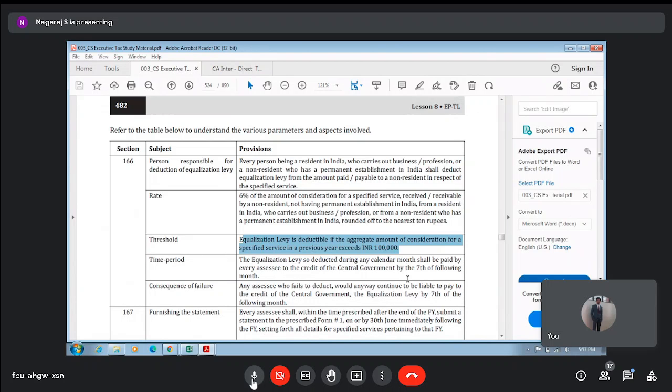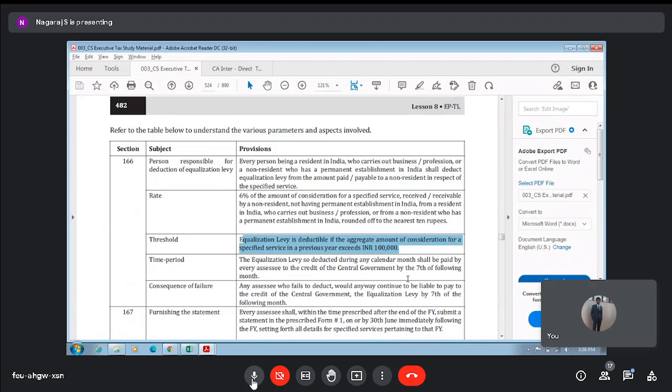What is that equalization levy means? On the non-resident portal or on the database or on the online portals, you advertise your product like company secretary. I am company secretary. I will provide all kind of services relating to company at nominal rate.